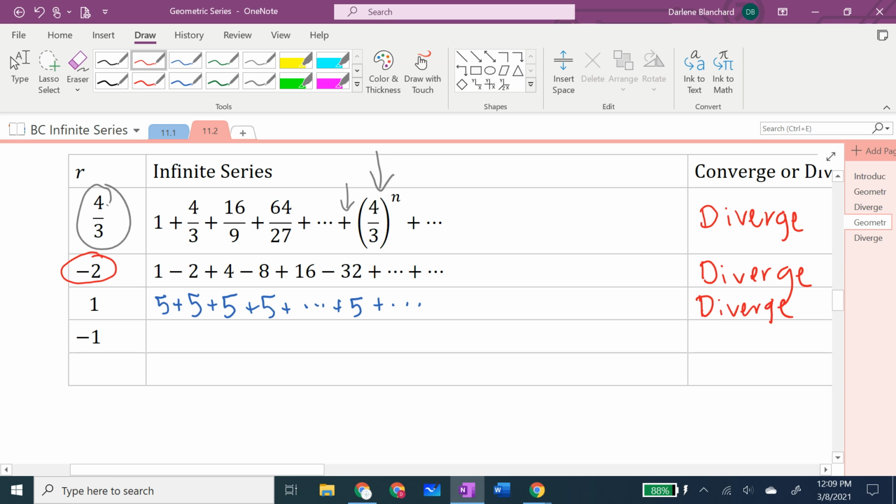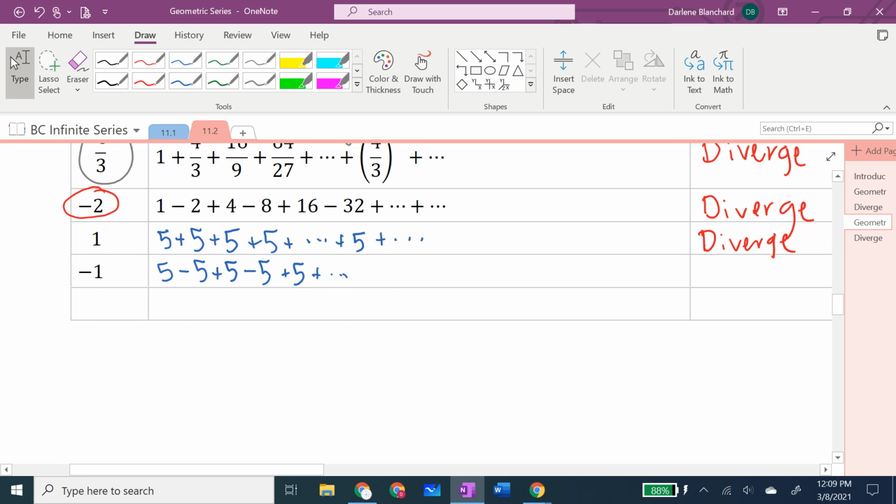But I really want to talk about negative 1. This is important. Let's say I start with 5 again. If I multiply by negative 1, I get negative 5. Multiply by negative 1 again, I'm going to add 5. Multiply by negative 1 again, I'm going to subtract 5. Then I'm going to add 5, and I'm going to continue this process.